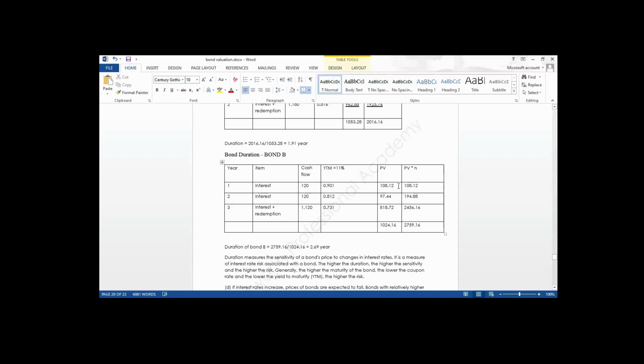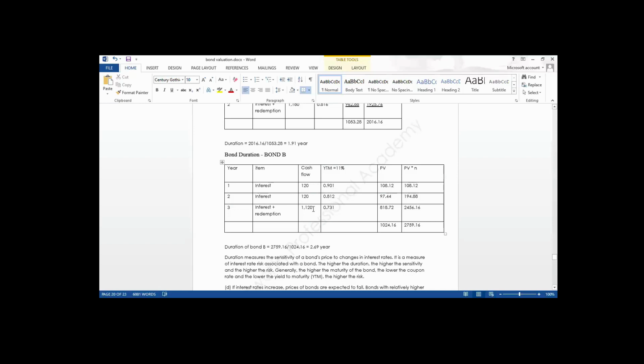That will give us 108.12. 120 multiplied by 0.812. That will give us 97.44.